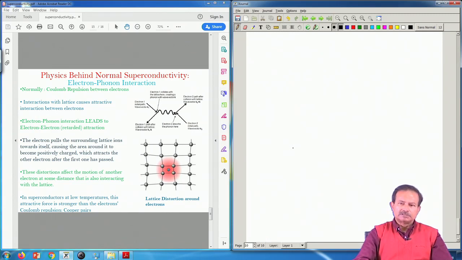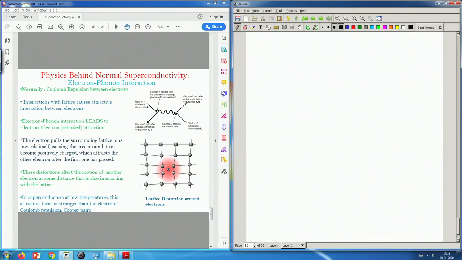That theory requires understanding how the electrons attract each other, and that attraction has to lead to a bound state of 2 electrons, which will lead to a condensate state, where the resistivity vanishes. All the phenomenology that I described has to come out of such a theory, and that is exactly what BCS theory does, and that is what we will start in our next class.